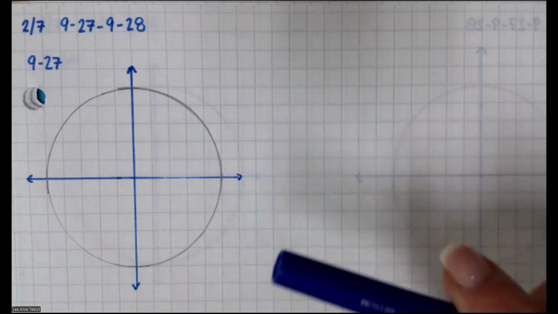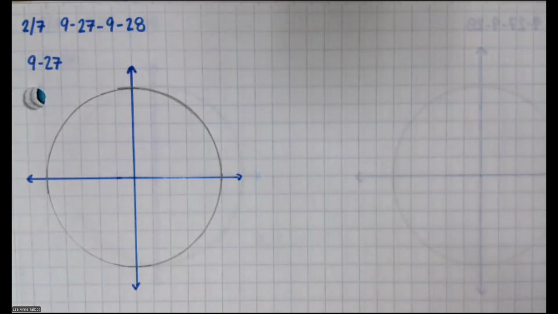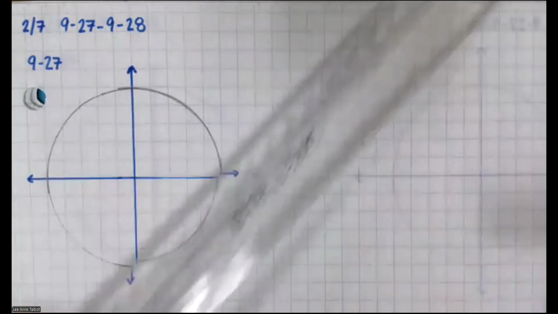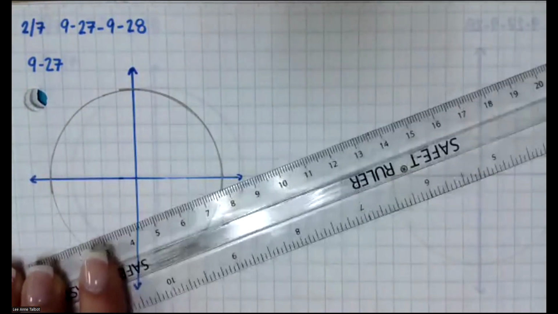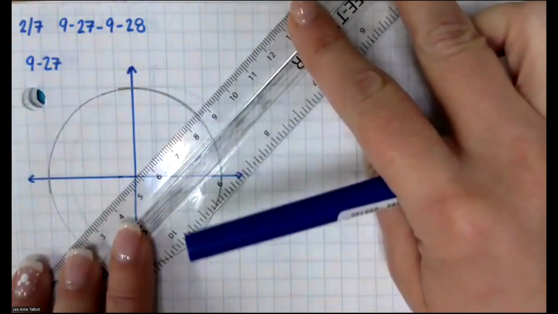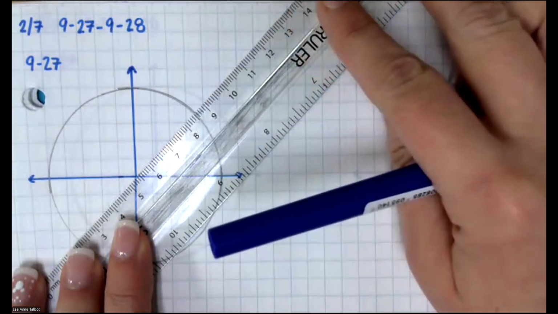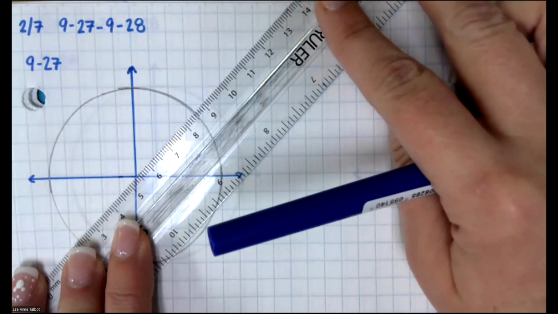Okay, there are actually four different locations that they could have ended up if they're 40 degrees from the x-axis. And we're just going to estimate our 40 degrees. So hopefully you guys all know that 45 is exactly halfway through the quadrant, right?